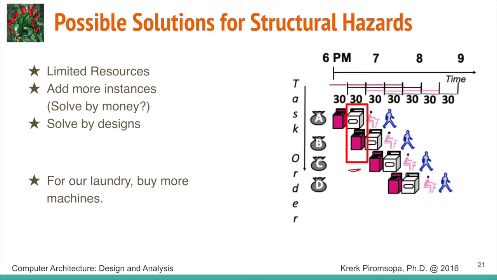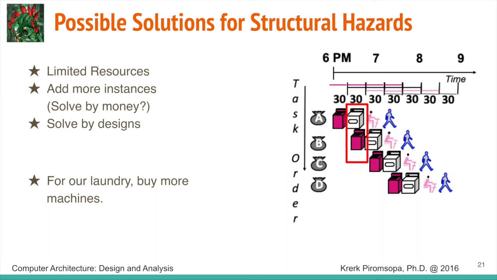So the easiest solution, as you can guess, is buy another machine, right? So in a sense, structural hazard can be solved by design or by money. If you put in more money, you can easily solve structural hazards.